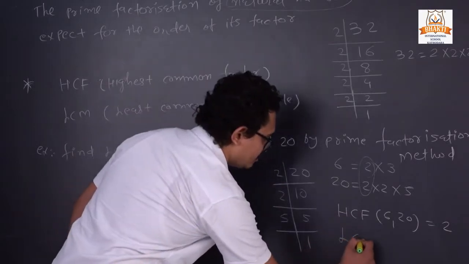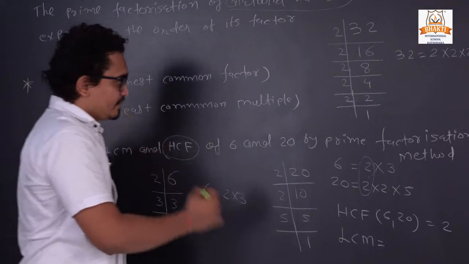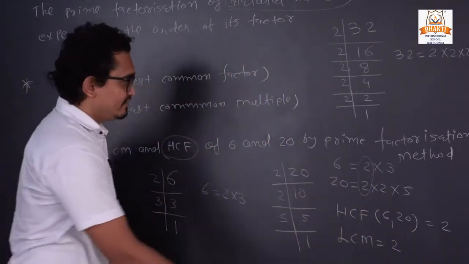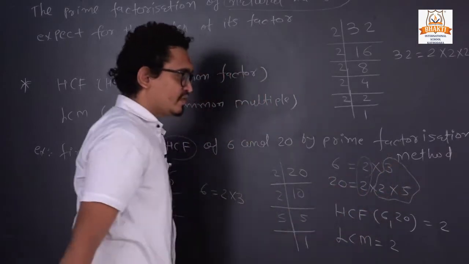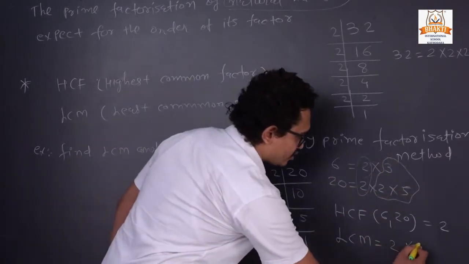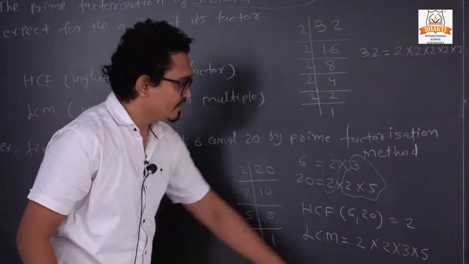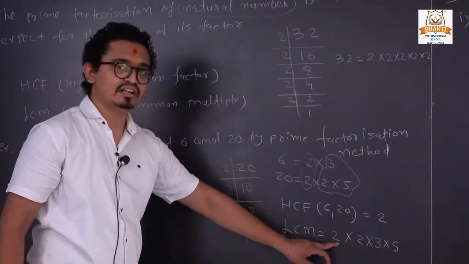Now we are finding the LCM. First of all we write 2 because it is the common term between both. Then which numbers are remaining? These numbers are remaining. So we write 2 into 3 into 5. 5 3s are 15, 15 2s are 30, 30 2s are 60.